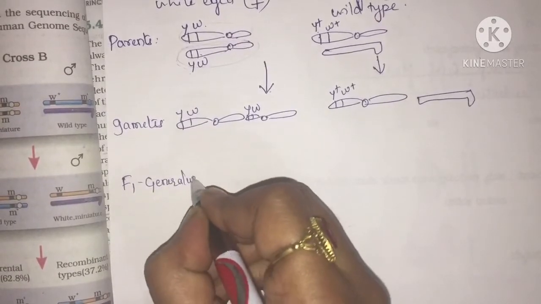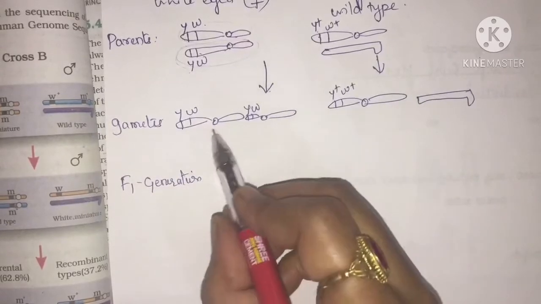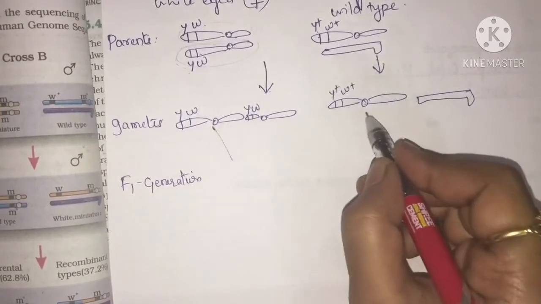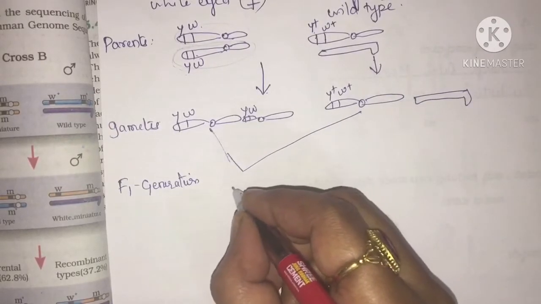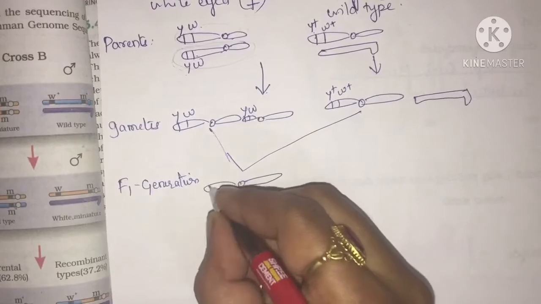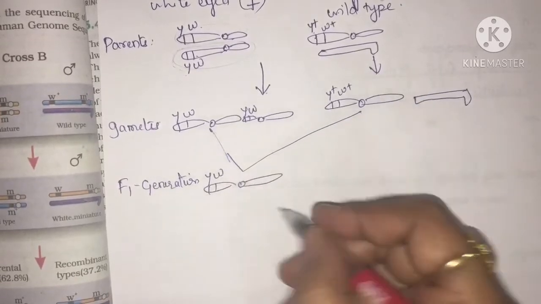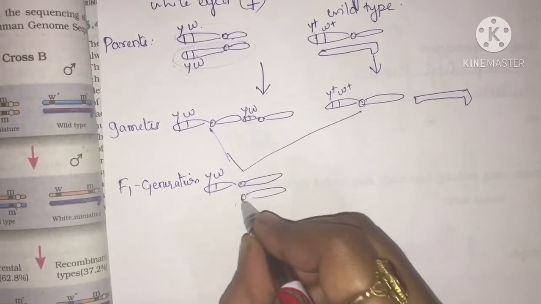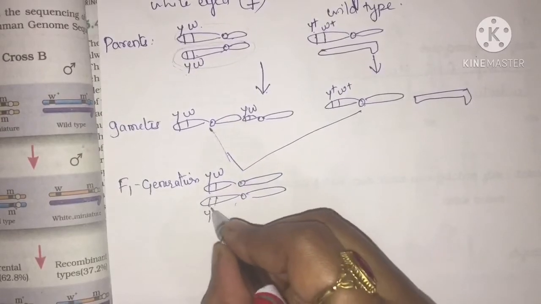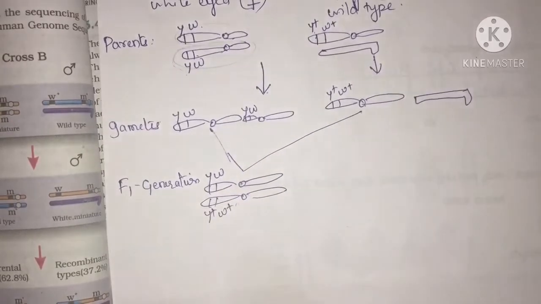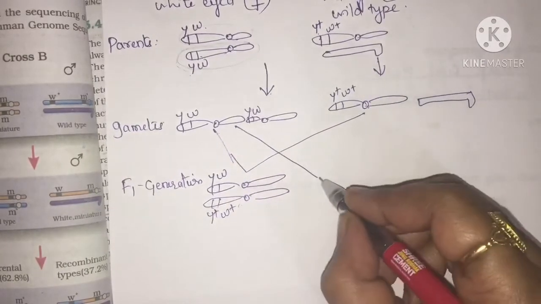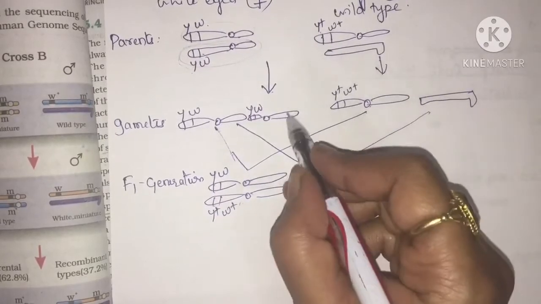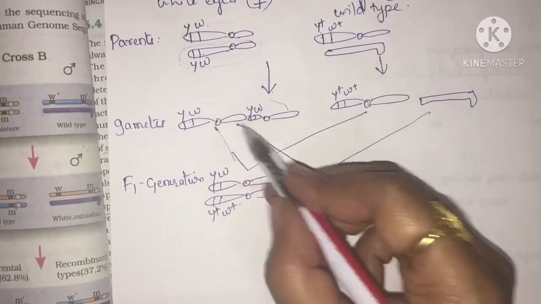What you have in the F1 generation: we take this and cross it with this, right? First we shall draw this, we'll get yw, and we shall draw this. What genes do you have here? y+ w+, right? Then you have this one and we are crossing it with this. I am not taking this one because both are the same, so I am taking only one.